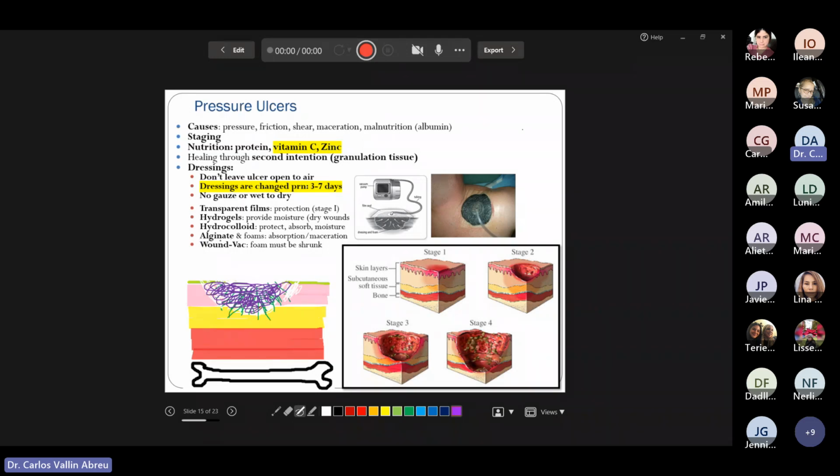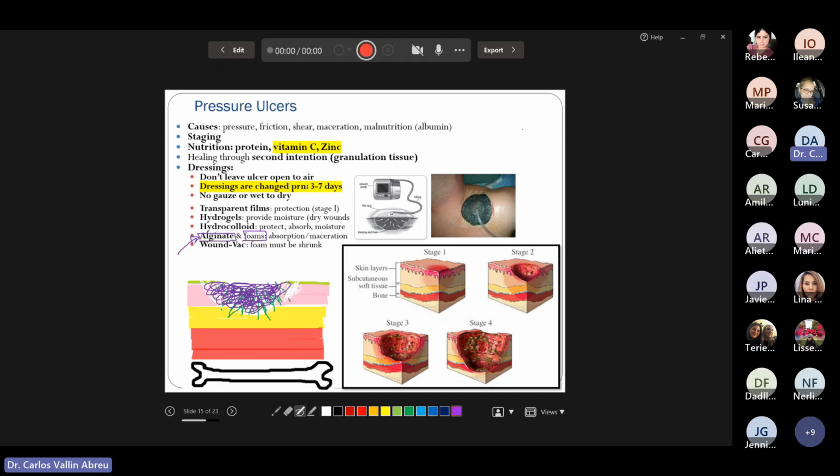It's something called alginate and some other forms of foams. You need to learn that. You know why it's called alginate? Because initially, before being produced synthetically, it was extracted from algae, the sea algae.